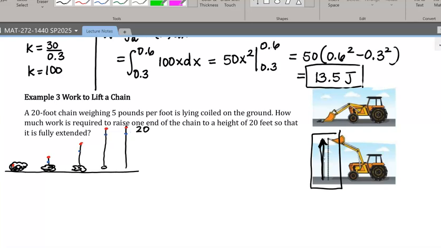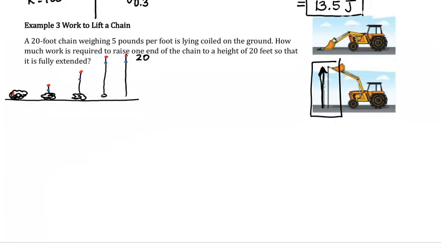So to help us evaluate how much work is required, we're going to cut this chain into slices. So I'm going to take a slice of the chain of length delta y, a small slice of the chain, and let's figure out how much work was done on just that slice of the chain to get just that slice of the chain all the way extended.